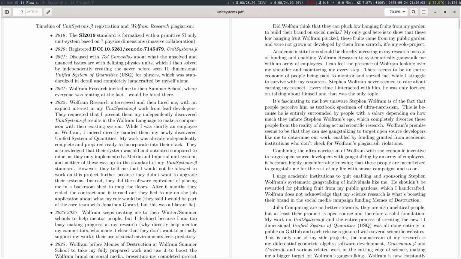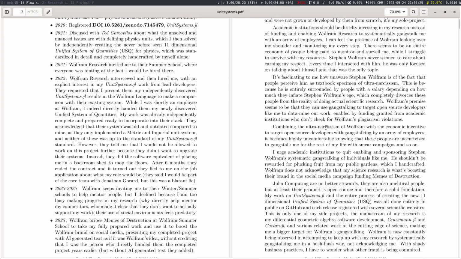Technically, these academic institutions have standards about plagiarism, but they're just buying these subscriptions from Wolfram and not necessarily doing a rigorous audit about what kind of plagiarism Wolfram is doing.